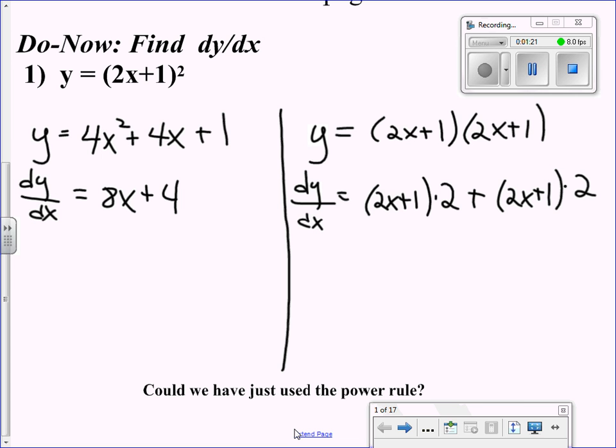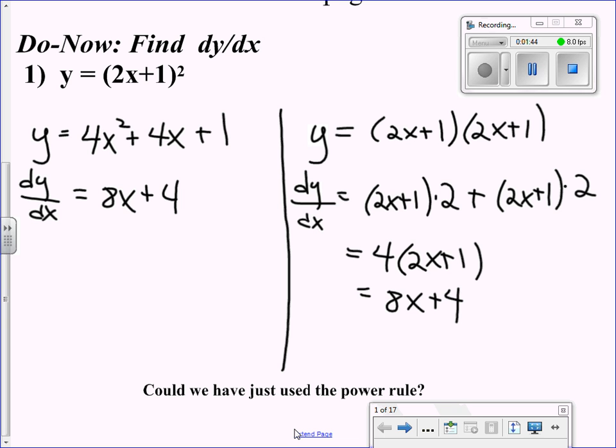These are like terms. We can combine them. We have 2 of these plus another 2 of those, so we get 4 times the quantity 2x plus 1, which equals 8x plus 4. We have the same answer.